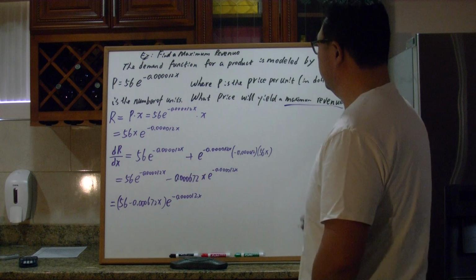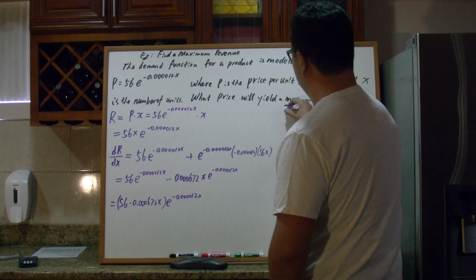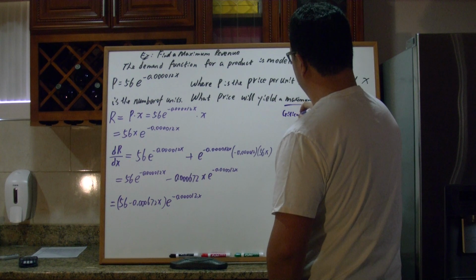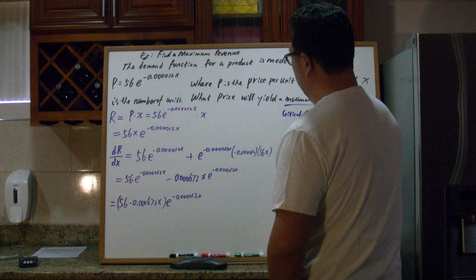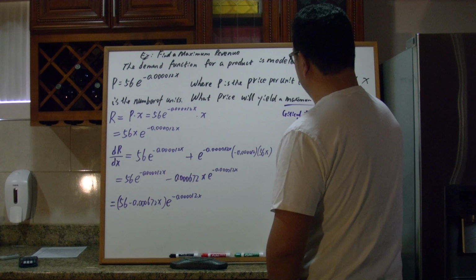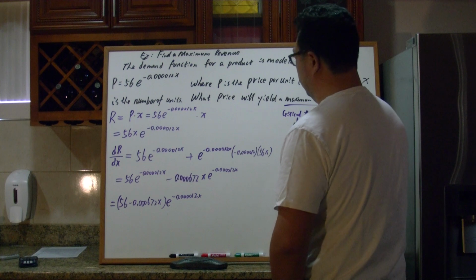Right, to find the critical number, we set the derivative of the revenue equal to 0.